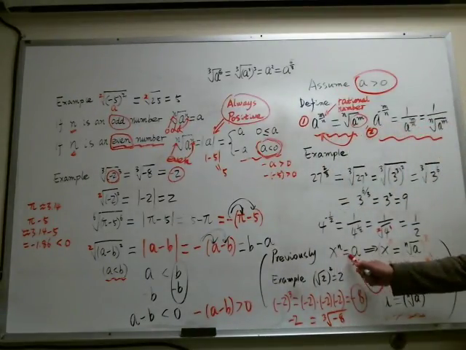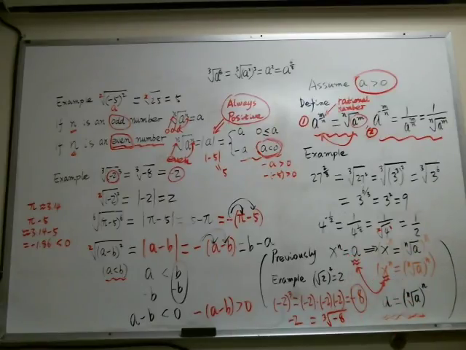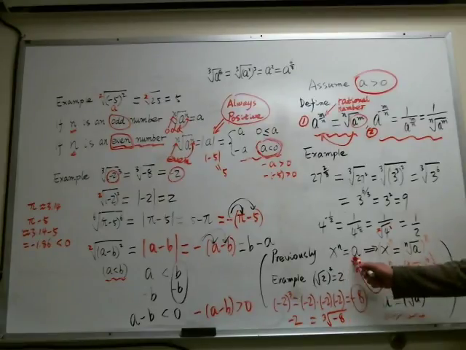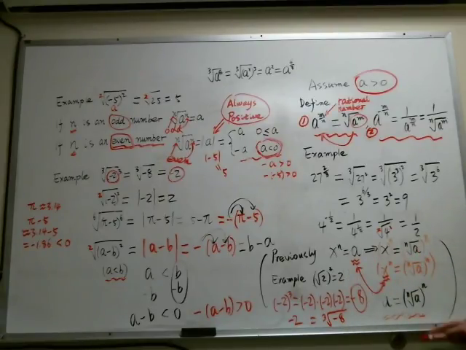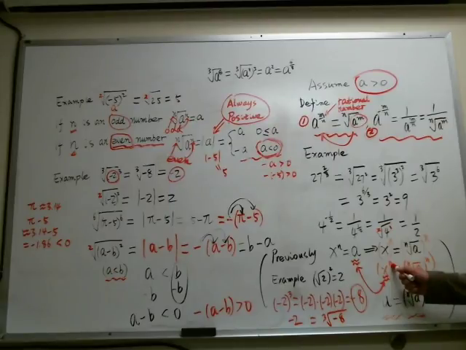Again, this is the definition we had before: if x to the n is a, then x is the nth root of a. If you raise both sides to the nth power, you have x to the n equals the nth root of a, then to the nth power.